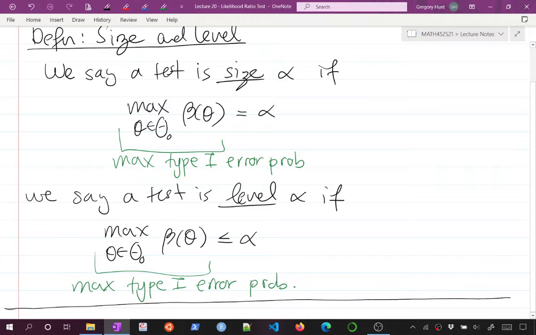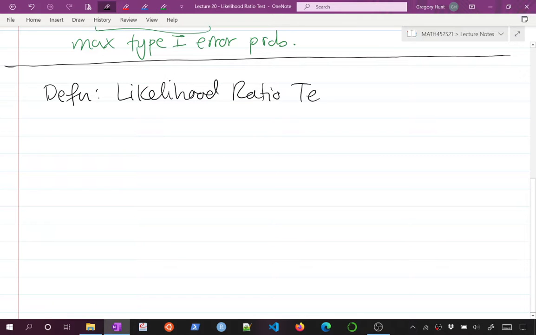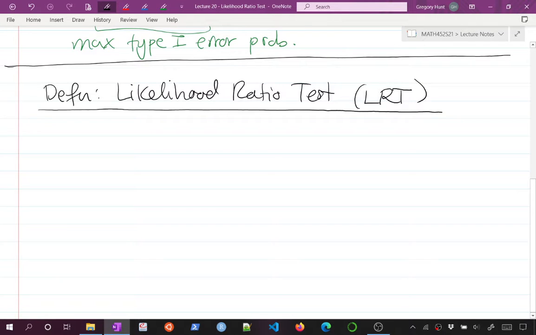So we're going to spend a bit of time today on what's called the likelihood ratio test. And this is almost exclusively denoted LRT.